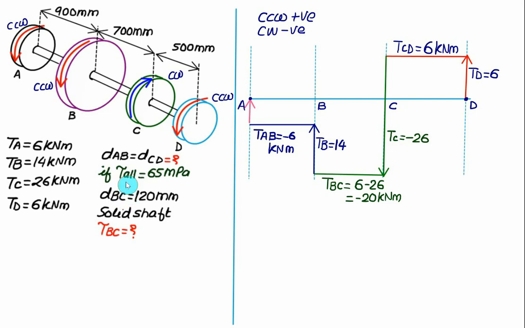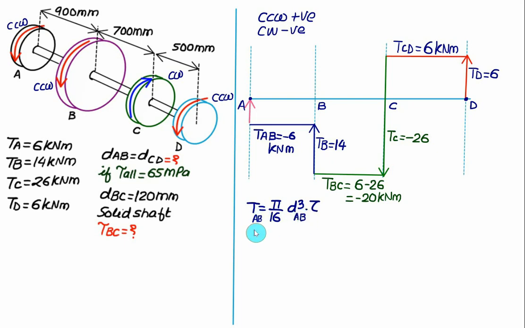We have to find the diameter of the shaft AB. For that we can use the torque formula. So torque is equal to pi by 16 multiplied by d cube multiplied by tau. This we are applying for AB, so you have to take the diameter AB.